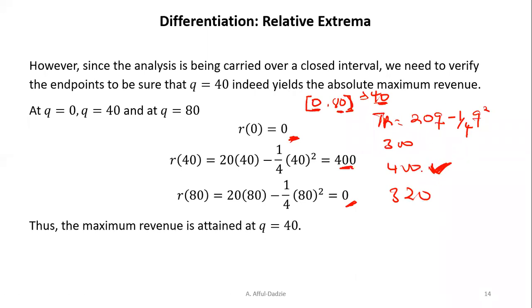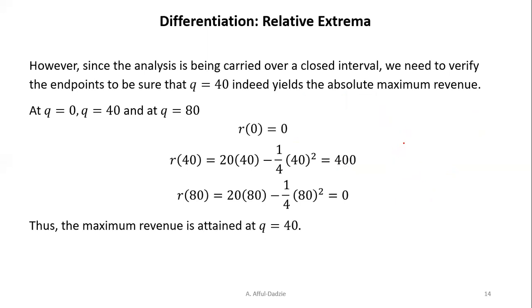However, if a weird instance occurs where you evaluate the extreme values, let's say we did it at 80, and 80 ended up giving us something like 600, and this is 400, and let's say this is 0. I'm just giving an example. Then in that case, yes, it's a maximum value, but it is not the absolute maximum. It means that the absolute maximum occurs here.